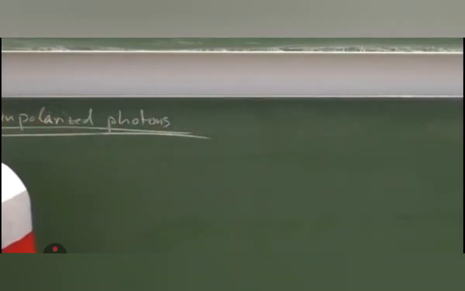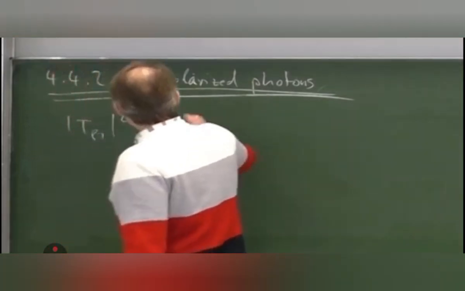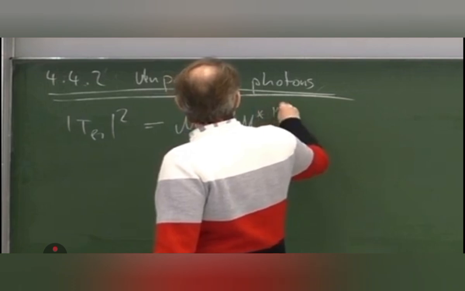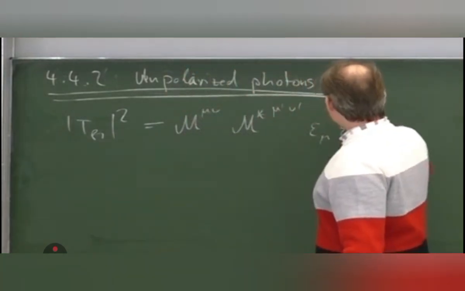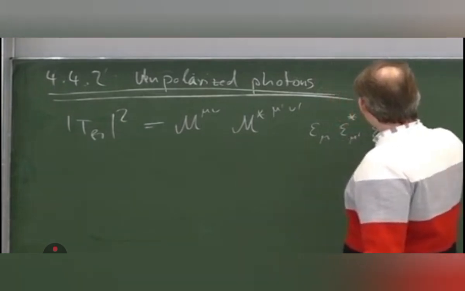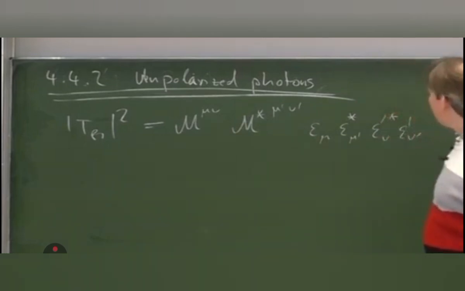So let us write down the square, |T_fi|² is now our M^{μν} times M^{*μ'ν'} times ε_μ ε*_μ' ε'*_ν ε'_ν'.